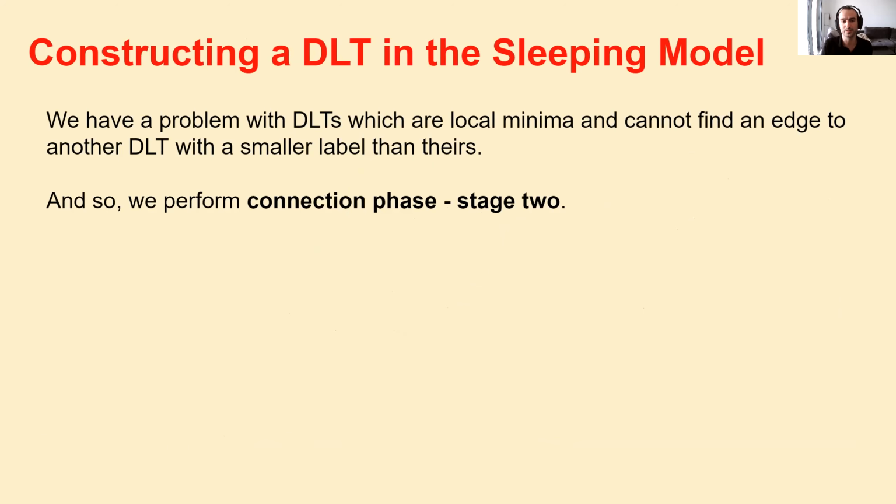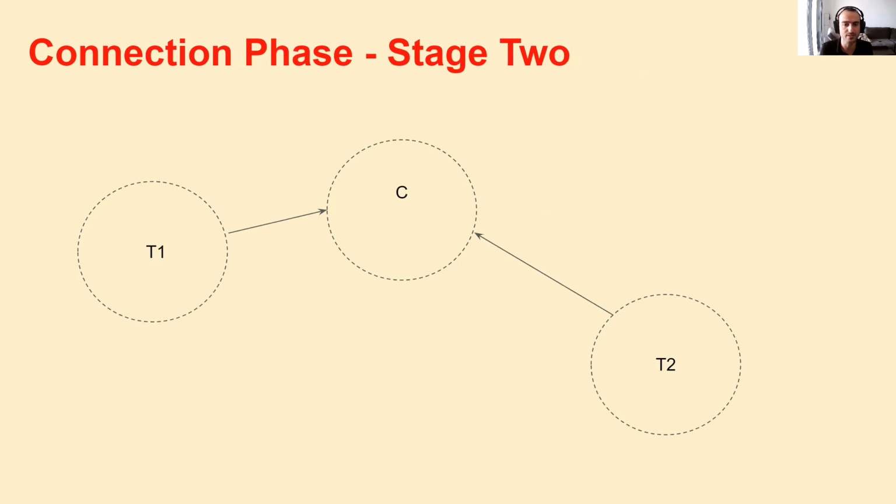The problem here is that when T chooses a neighbor, it might not find a neighbor which has a smaller label. Maybe T is a local minima. So thus we perform a second step.